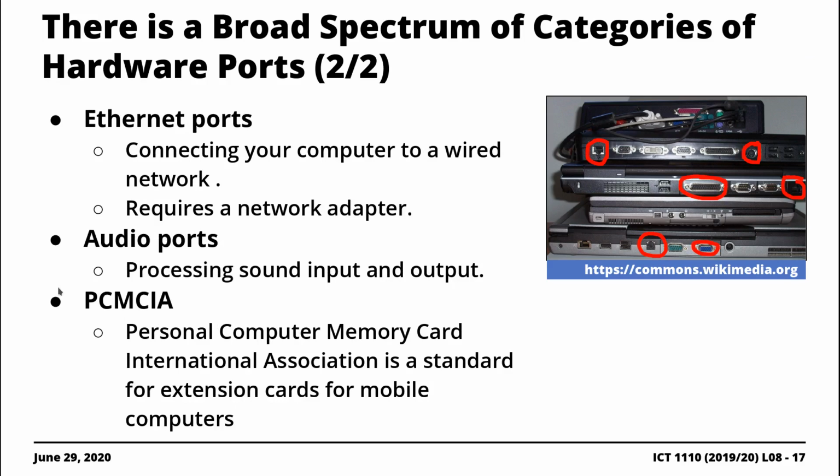Some random examples here are so-called PCMCIA slots. These are usually used to integrate things like memory cards, for instance. And I think I do have a PCMCIA slot in my computer.